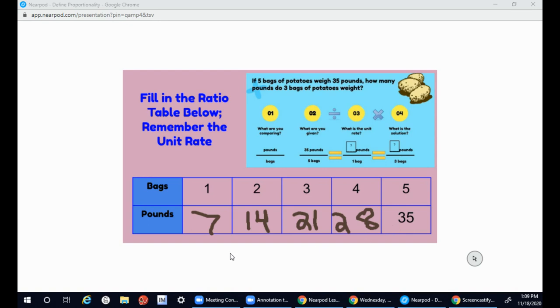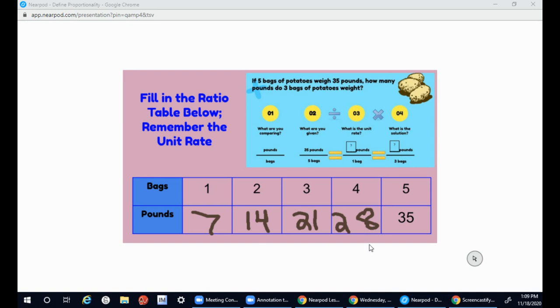Did I have anyone in here that did that idea? If it was 35 for 5, we divide, figure out it's 7 for every 1, then another 7 pounds, another 7 pounds, another 7 pounds. I'm seeing some of you added, and I'm hearing that some of us multiplied as well. So there's power in knowing that unit rate.